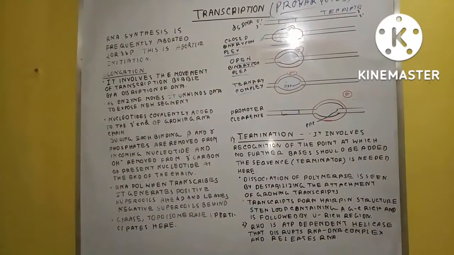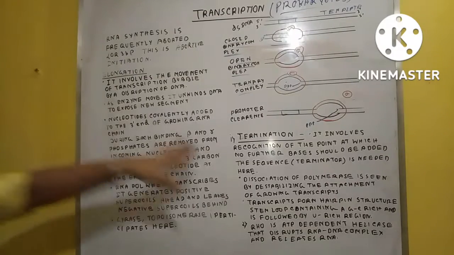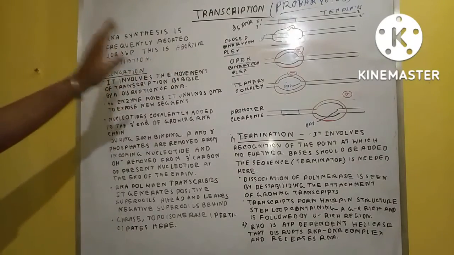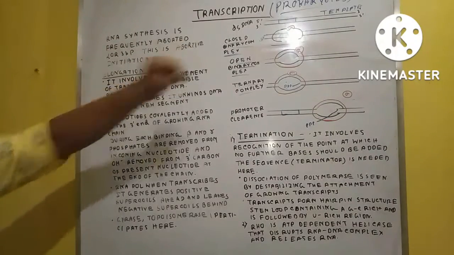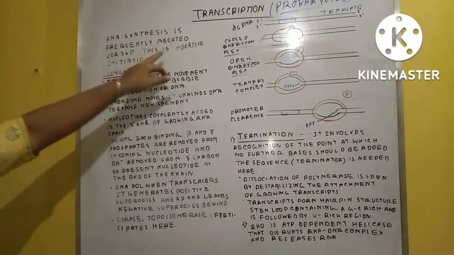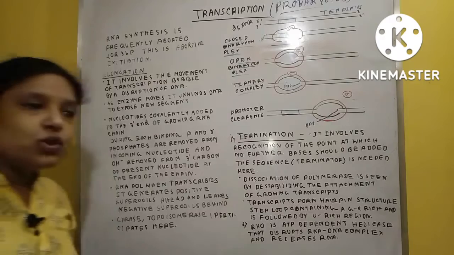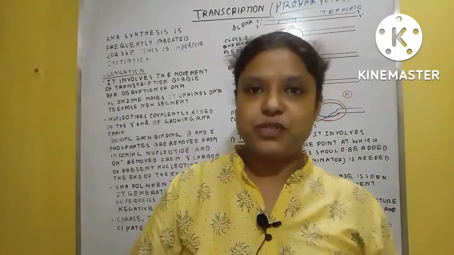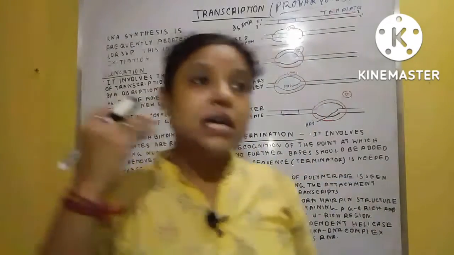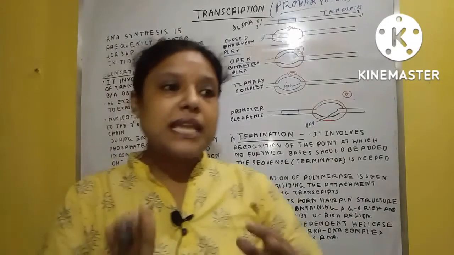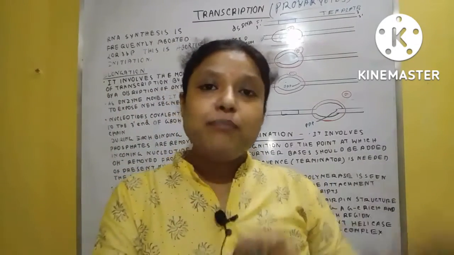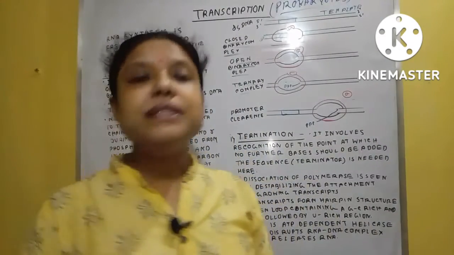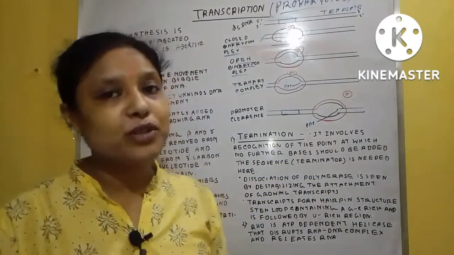Now, before going to elongation and termination, I just want to say that RNA synthesis is frequently aborted after 2 or 3 bp, and this is called abortive initiation. If the RNA transcript completes the 10 base pairs, you can say the transcription process will continue.